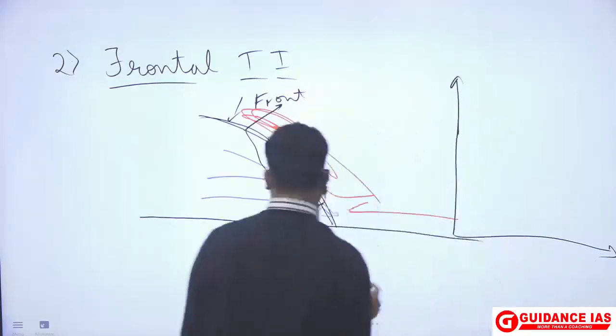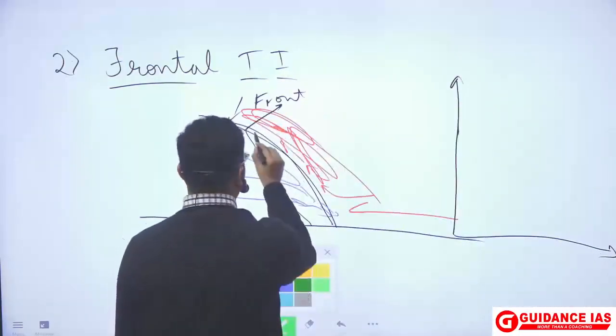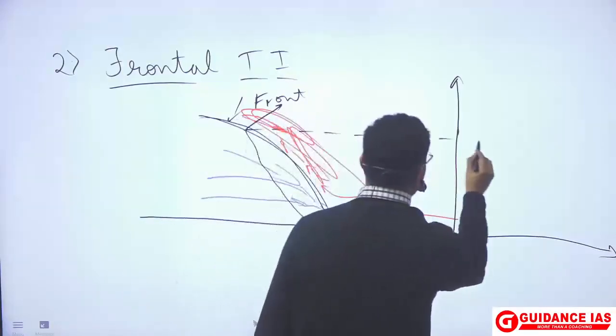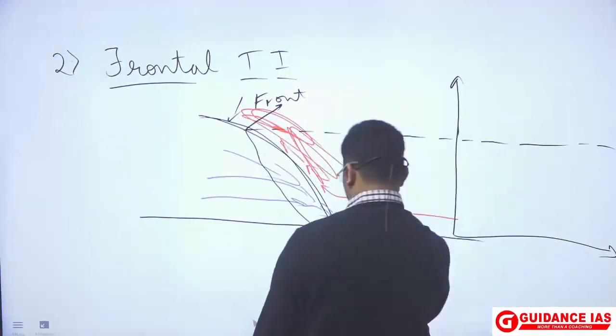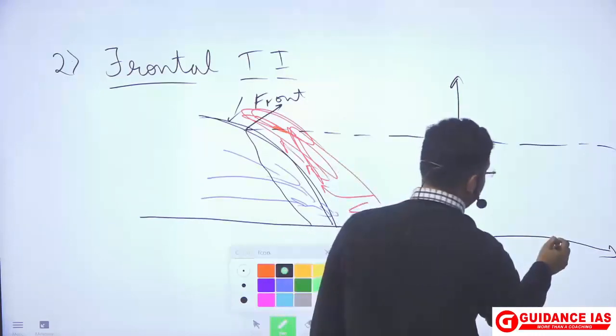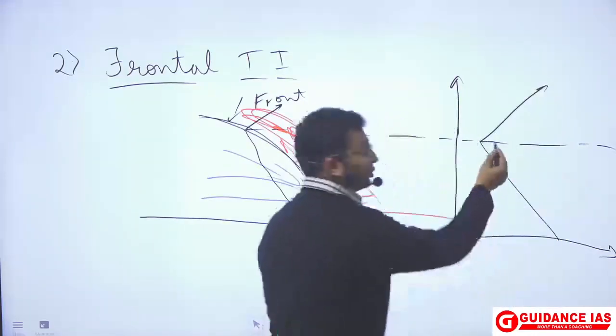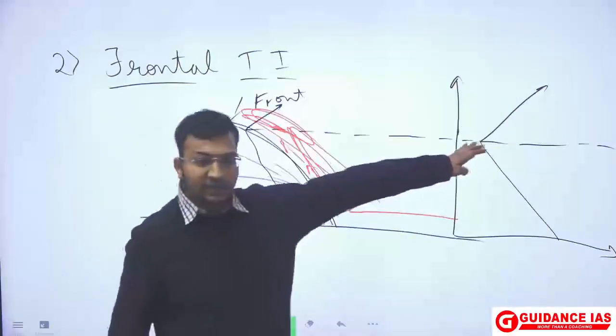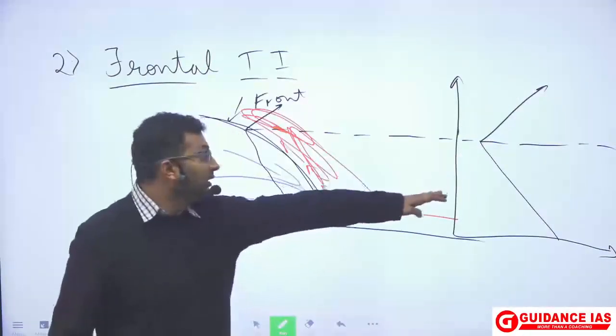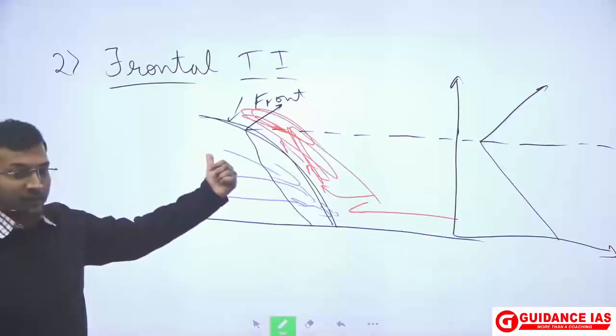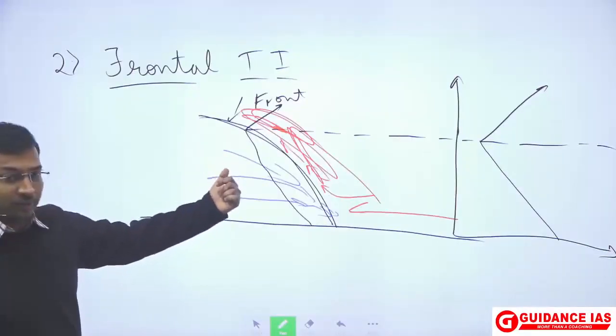Elevation, temperature. So what is happening? It decreases from here to a certain height. After a certain height, it goes on increasing. So in frontal inversion, this is all about frontal inversion.